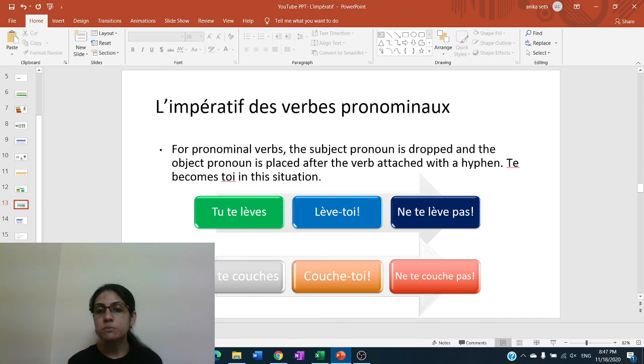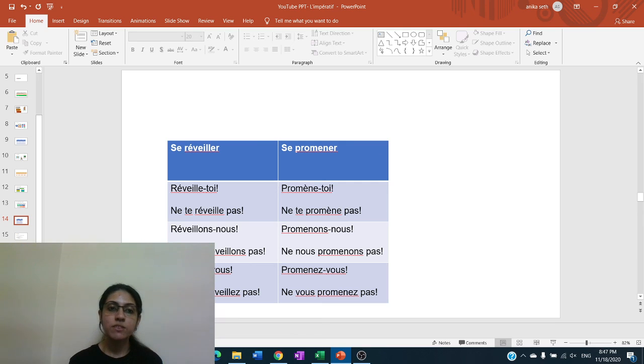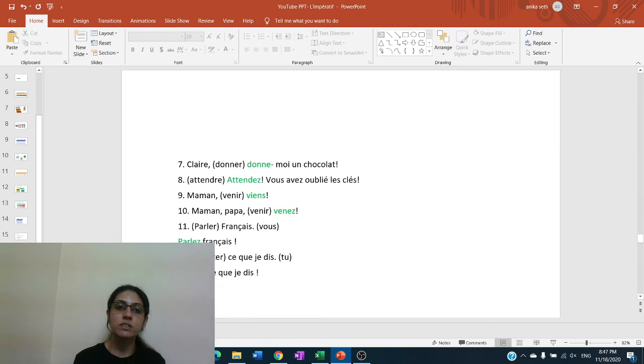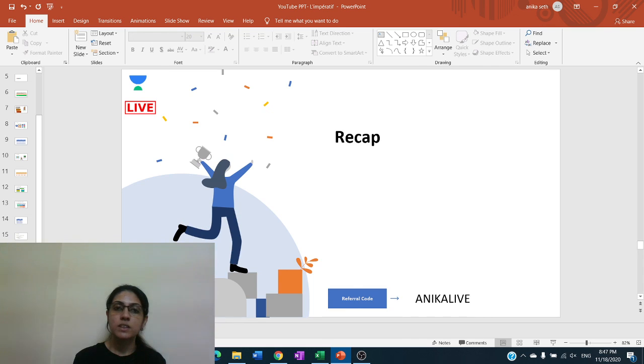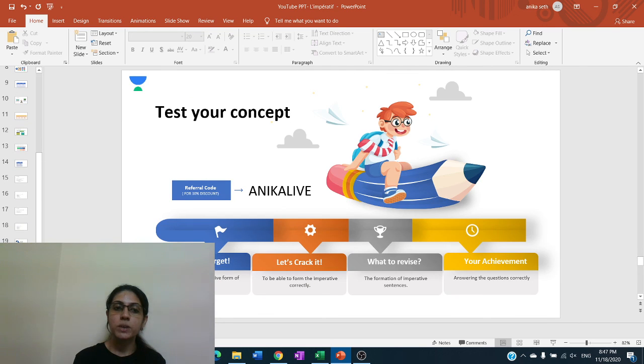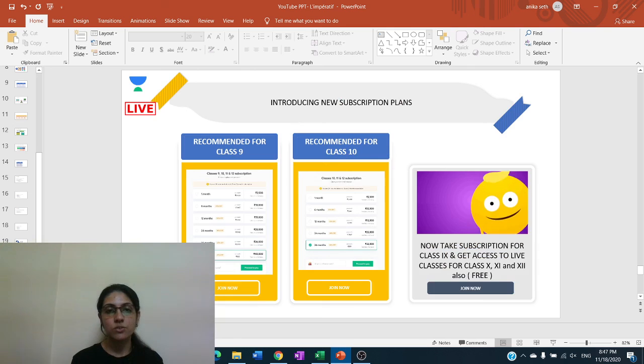Tu te couches becomes couche-toi and ne te couche pas. Same way, this is also imperative with pronominal verbs. And then we did the questions. As we have completed the topic, the target was to learn the imperative form, the usage and the formation of the verbs, which we have done, and answered the questions.